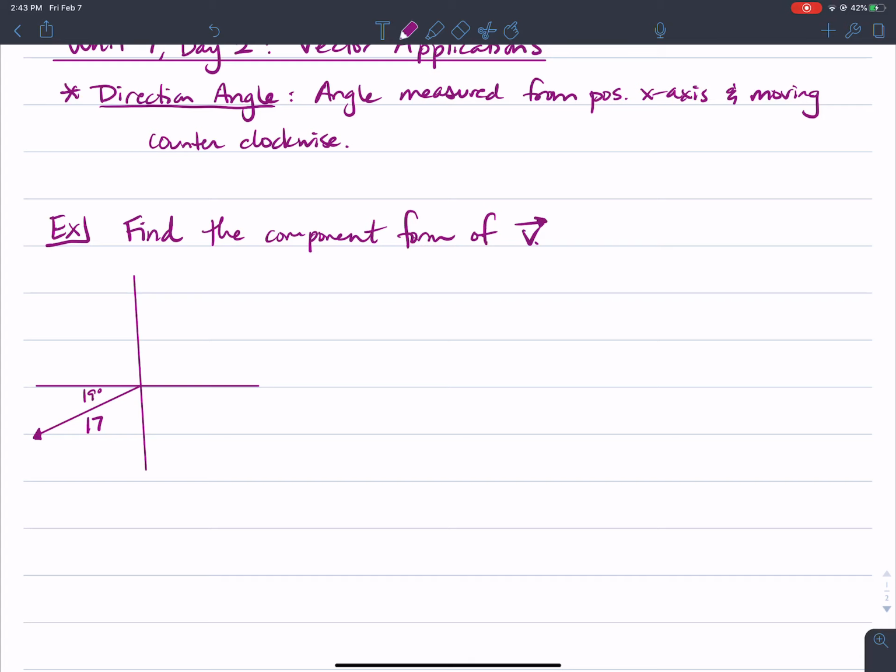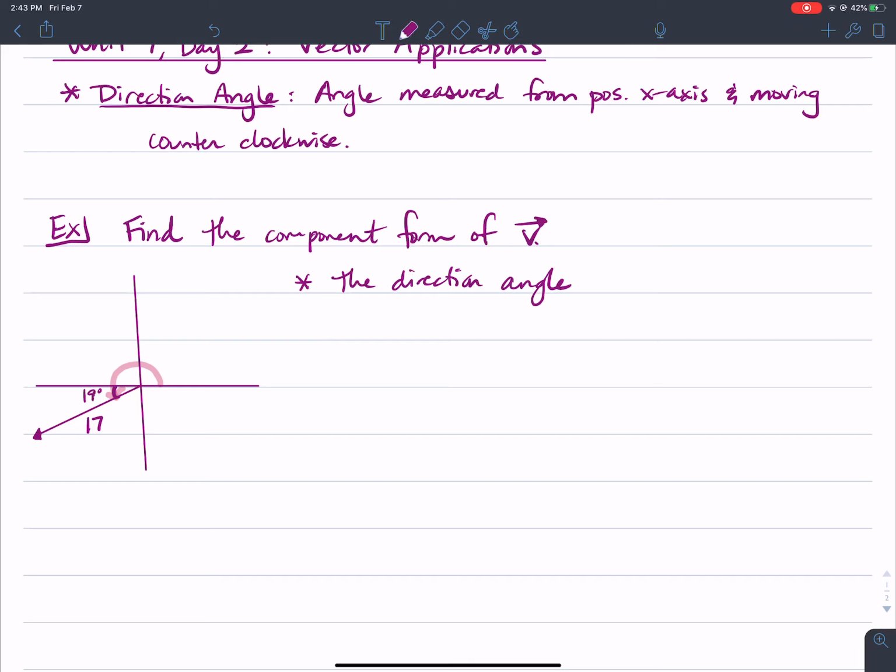One thing is that we've got this angle right here of 19 degrees. The direction angle, just so we're clear on what that means, is the angle that starts at 0 and goes all the way around to where your vector is.